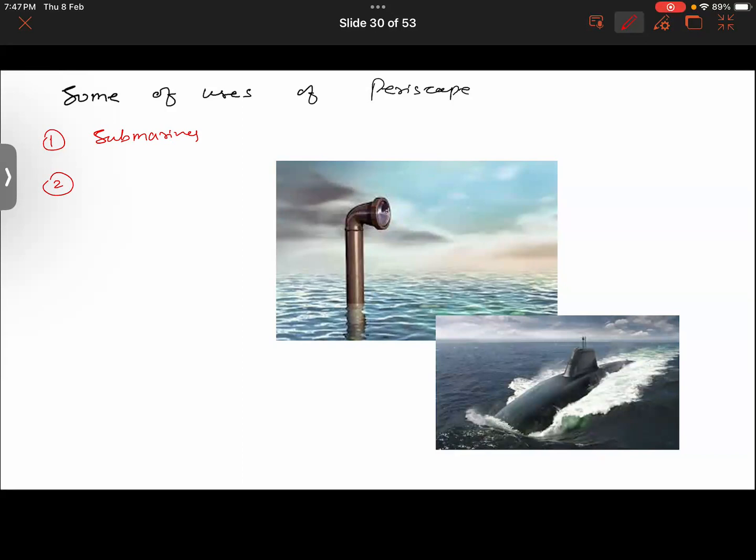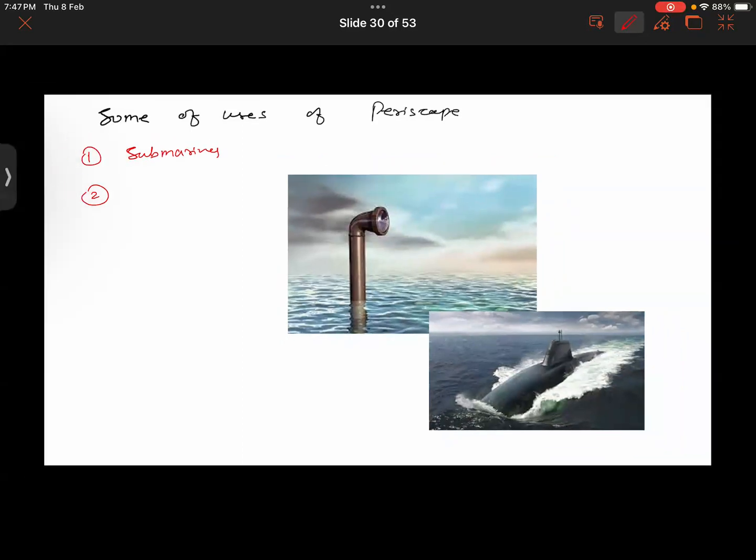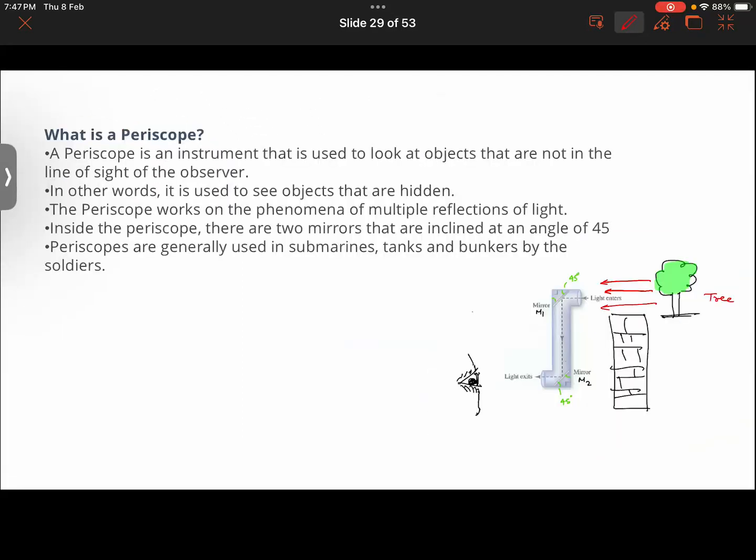For example, suppose you go to watch a football match, and there is a crowd, and suppose your height is not that much. So you won't be able to look at the football match from the crowd, but using this periscope you can look at it. Let's say these are the taller persons standing in front of you.